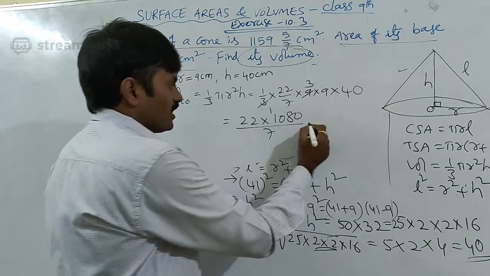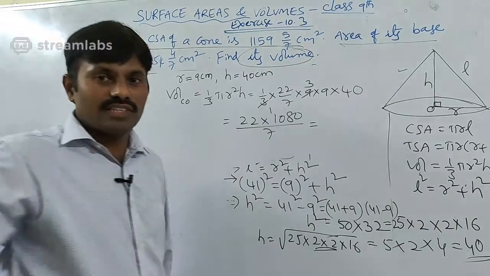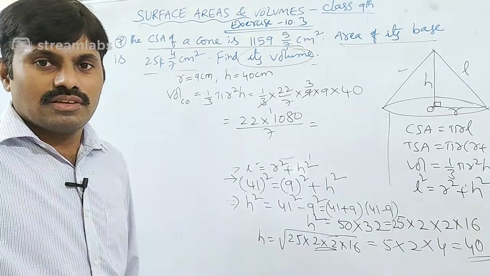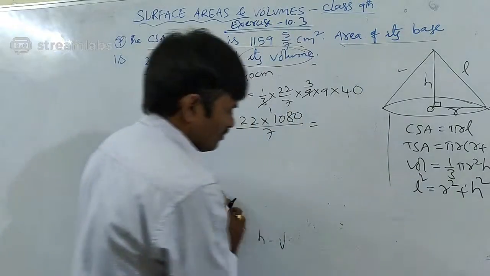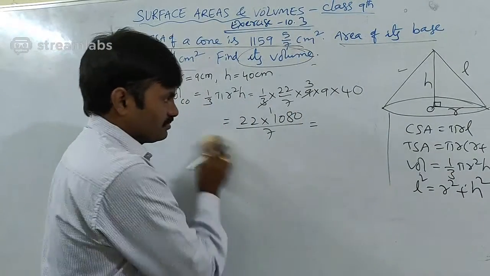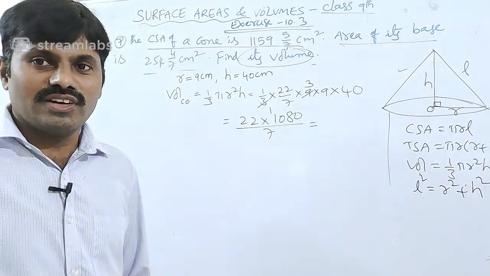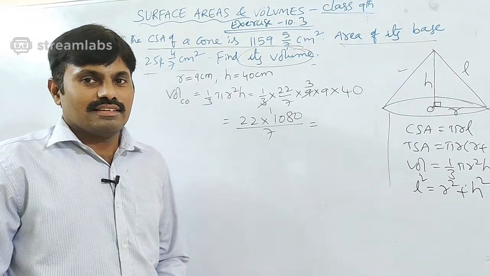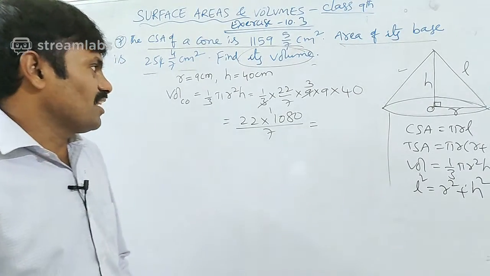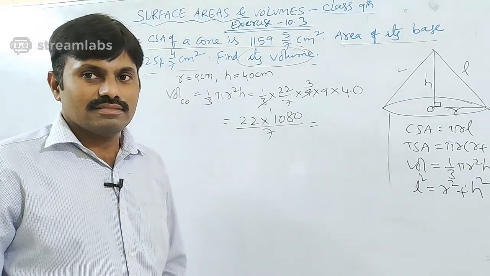If we simplify, we get 1080 into 22. Find out how much 1080 into 22 is. I substitute the values of r and h. Okay, clear?